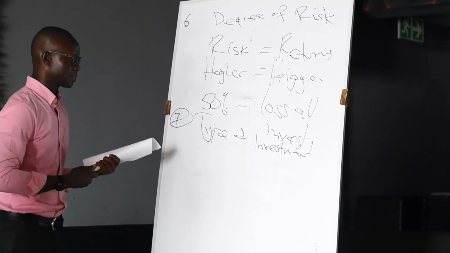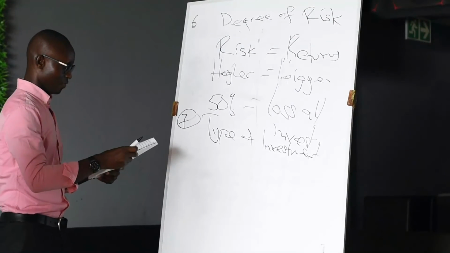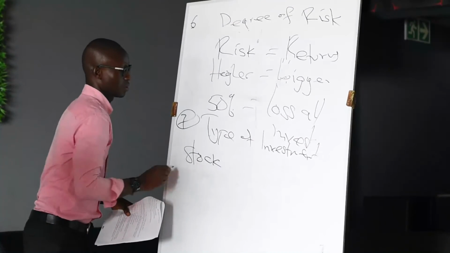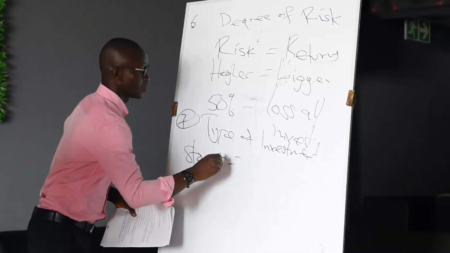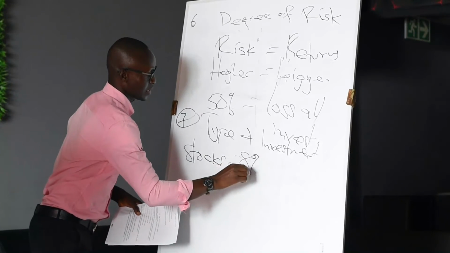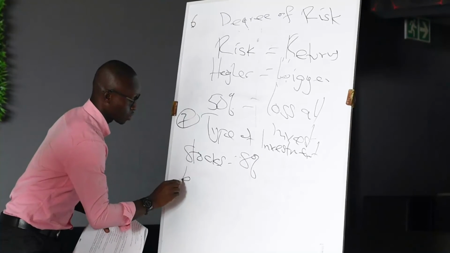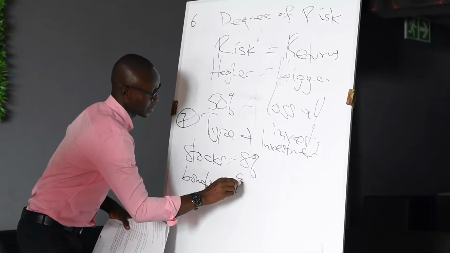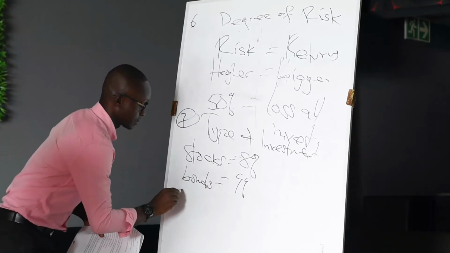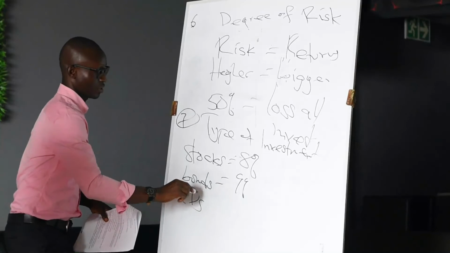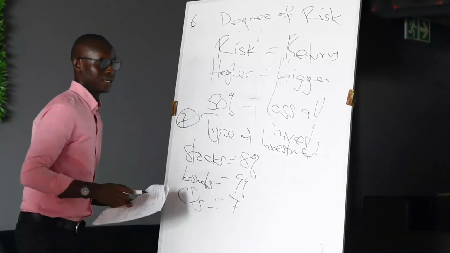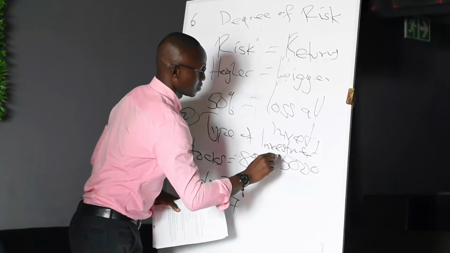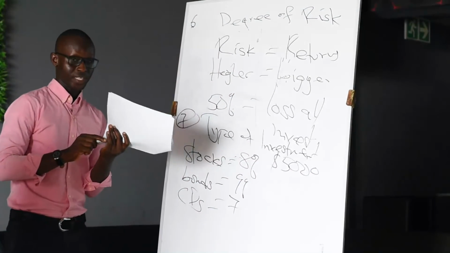Now, you can get financial investment products like stocks, giving you say 8%, and then bonds will give you around say 9%, and then CDs, certificates of deposit, giving you say 7%, with the same 5,000 USD being the principal.